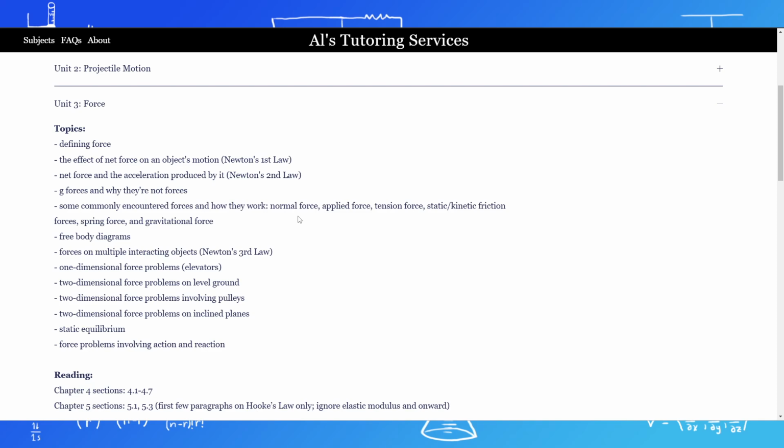They can even get 5s without this full understanding. But I truly believe that if you take the time to fully wrap your head around the concept of force, you will have no trouble figuring out any other physics topic, any other physics course ever in your life. Other people will argue that energy is the most important idea in physics, but I think it's force. So I like to spend more time than usual on force, and that will probably be reflected in the streams, but we will see.